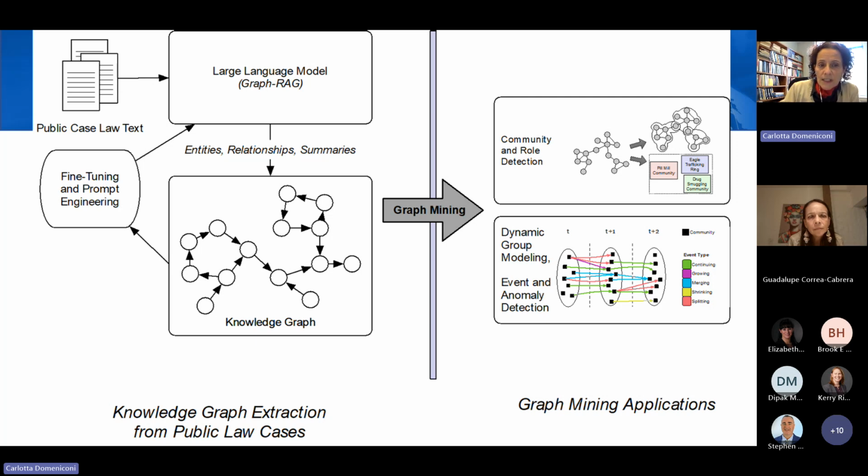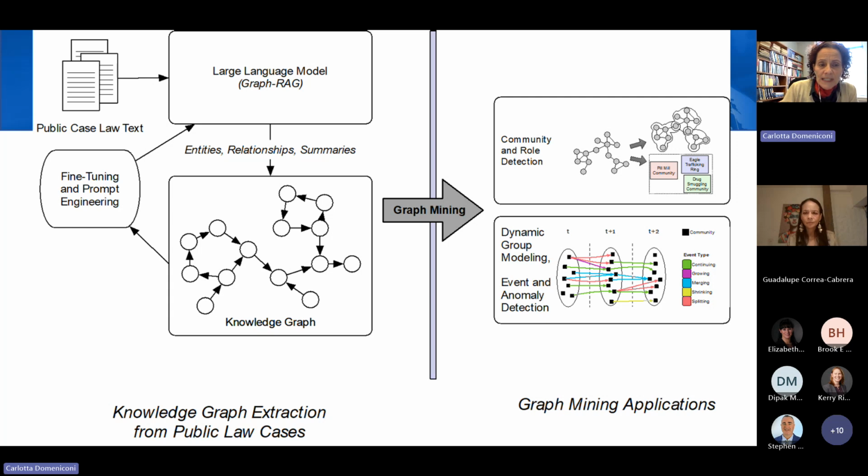Now, these models are trained on specialized tasks. So in order for them to be able to extract the entities we are particularly interested in our specific domain of human smuggling, we need to fine-tune them, in order to tell the model to prioritize certain entities and certain relationships we are particularly interested in.